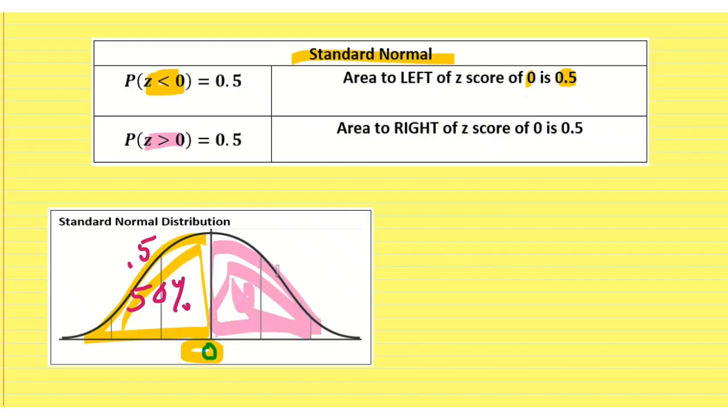That's the area to the right side, and the area is also 0.5. So this is 50%, but in terms of the standard normal distribution, it is equal to 0.5. So 0.5 area on the left side plus 0.5 area on the right side is equal to a total area of 1, which we've already been told is the standard normal distribution rule and property.